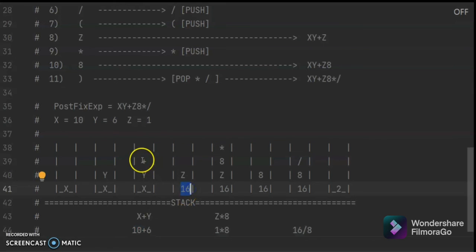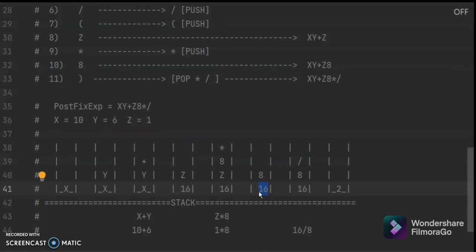Then I will be pushing Z, then 8, then an operator. Once you find an operator, the immediate two operands are multiplied. Z value is 1. So 1 into 8, you will get 8. So you will have 8 and 16 here.